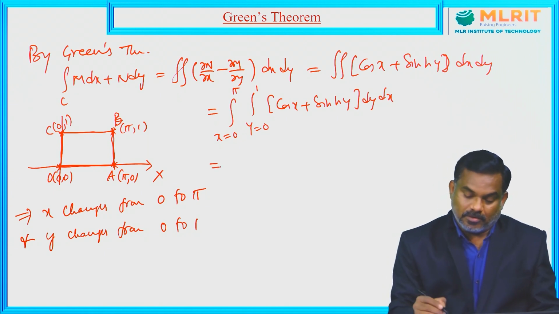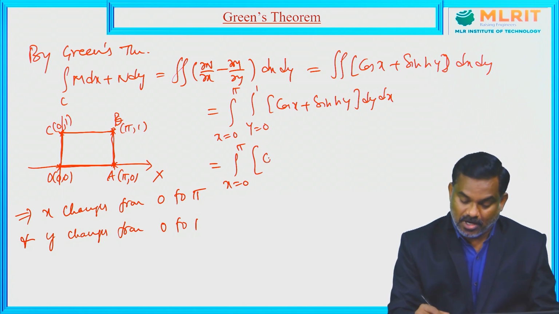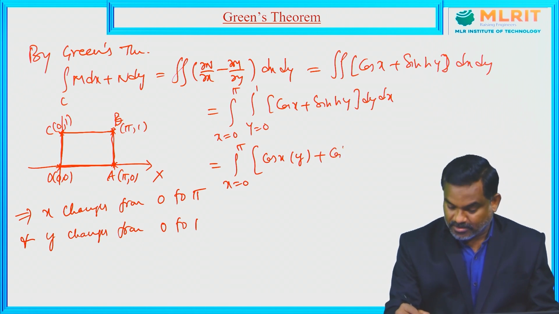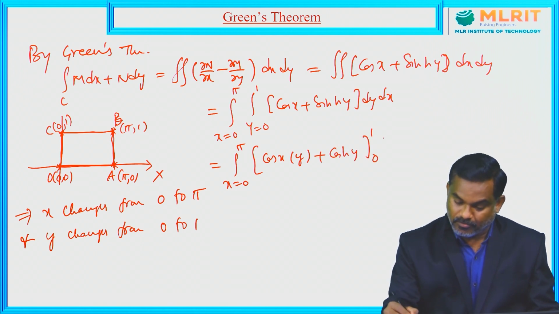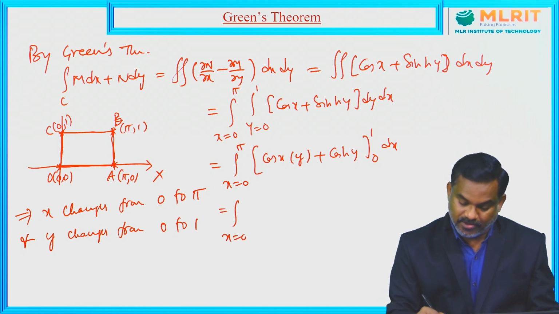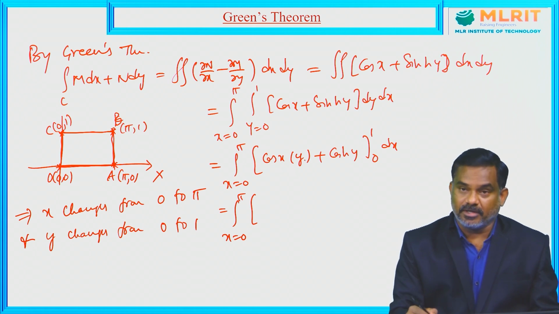Now let us integrate with respect to y first. And here cos x we can treat as a constant. So cos x into the integral of dy is y, plus the integration of sinh y is cosh y, from 0 to 1, dx. So this is equal to the integral for x from 0 to pi. For the upper limit, we substitute the limit in place of y.